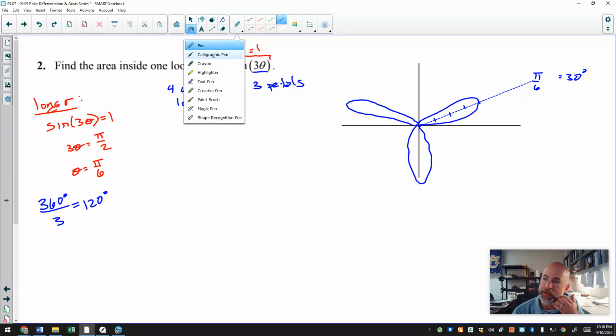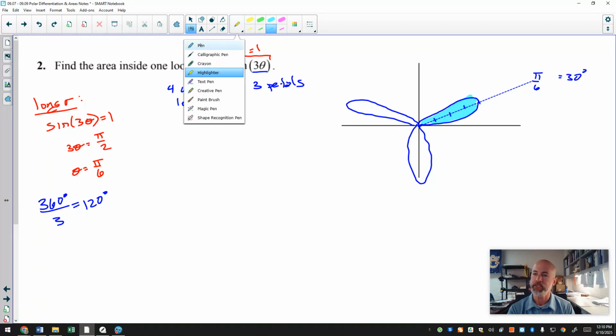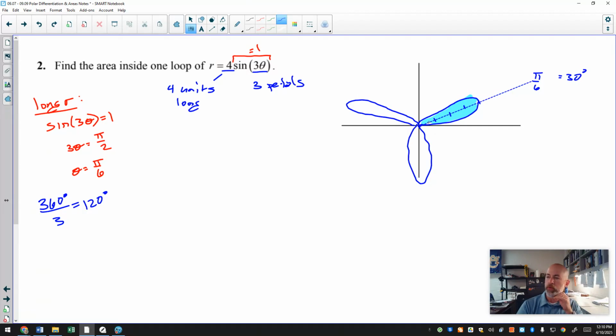And we want the area inside only a single petal. Only a single petal. So I only want that. And there are a couple of ways you could do this. But probably the easiest way, since we're not solving this by hand, would be to find out what is the angle where I'm starting, and we're going to come out, and I need to know when we finish, and we finish back here at a certain angle, and that would be when sine of 3 theta is equal to 0.